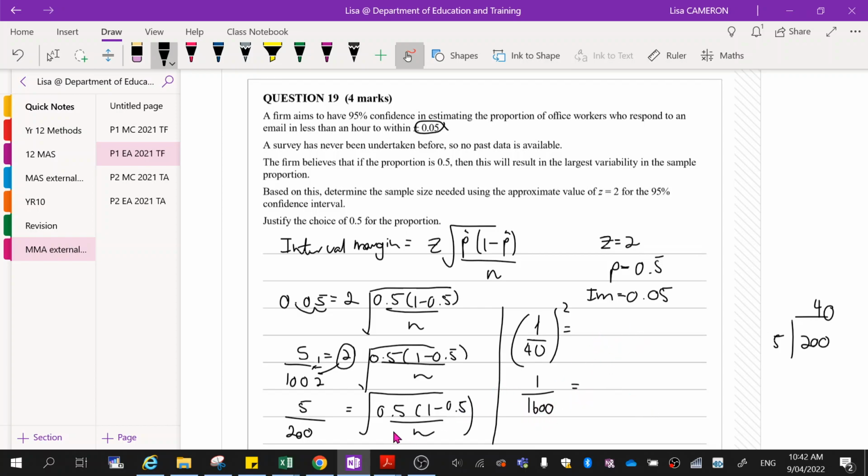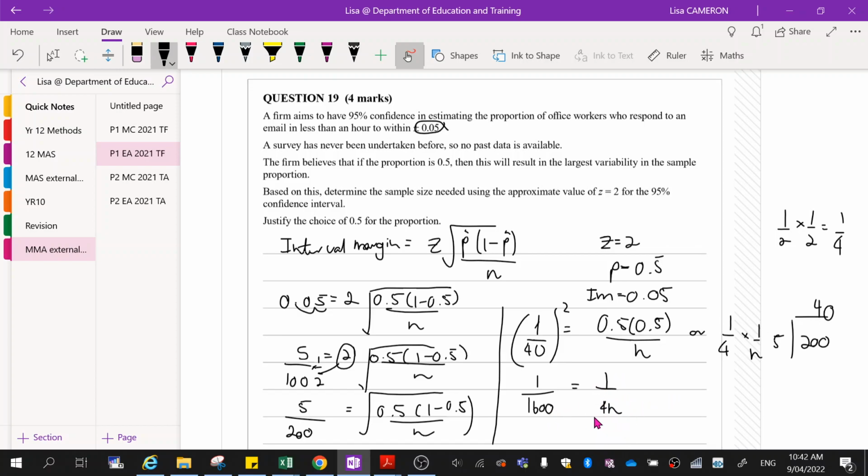Now, the next thing is I'll have 0.5 multiplied by 0.5 all over n. Another way of saying that is I've got a half multiplied by a half, so that's 1 over 4. So I could express this instead as 1 over 4 multiplied by 1 over n. So that would be 1 over 4n.